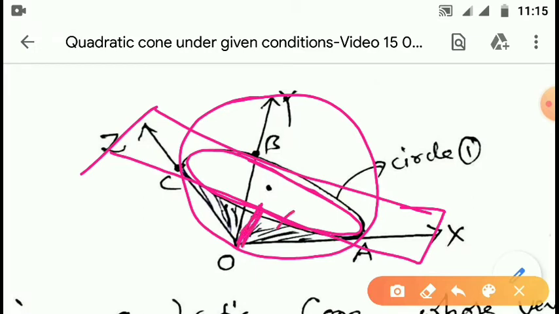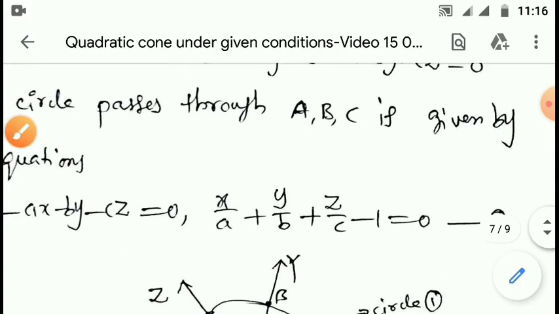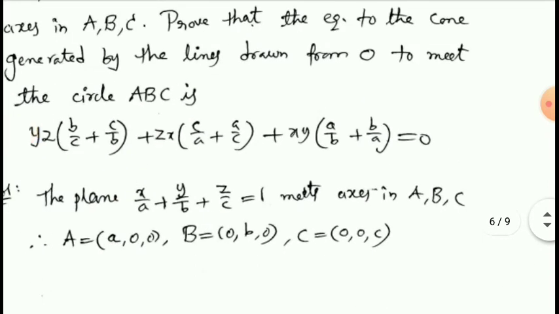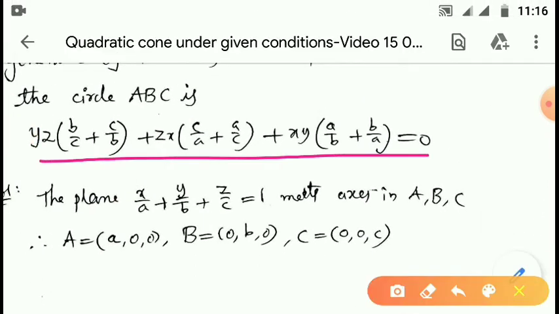So take such points on circle ABC and join all these lines. All these lines form a cone, and these lines are generators of the cone. We have to prove that the equation of the cone is given by this equation.